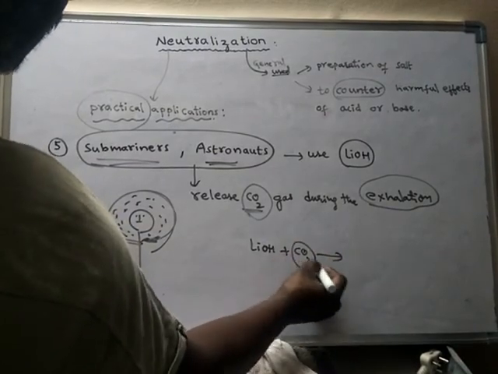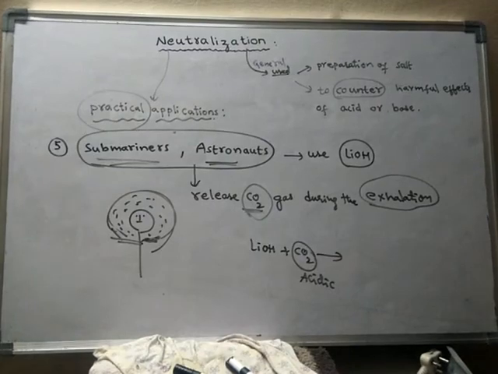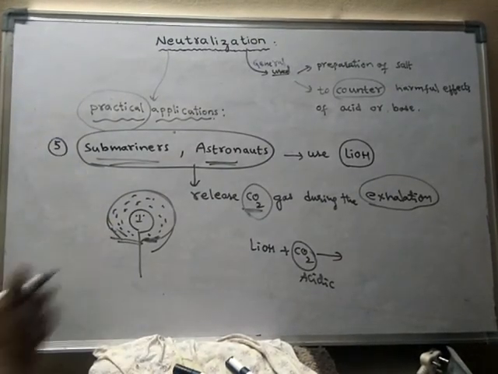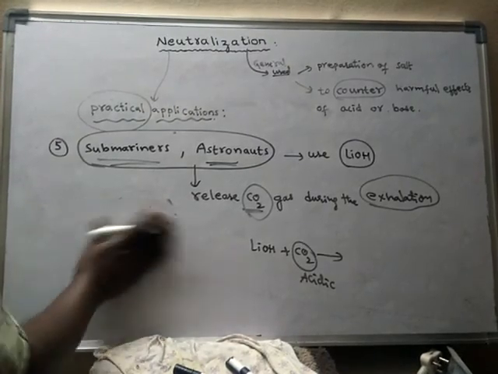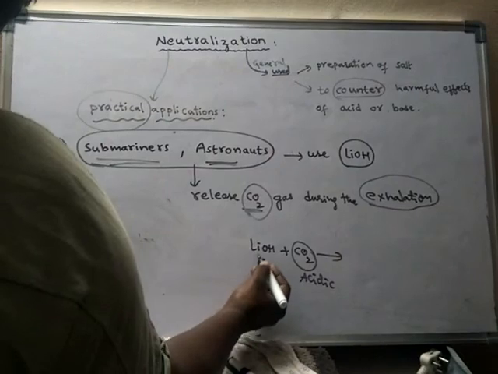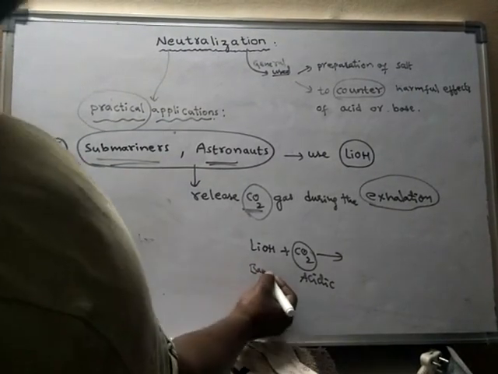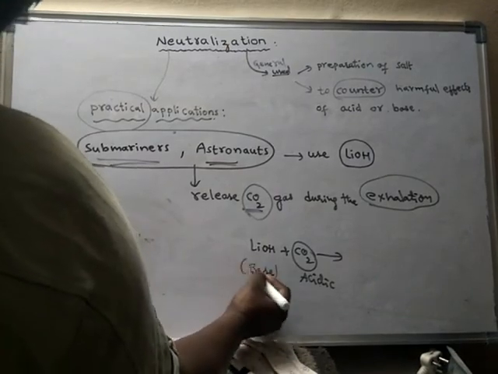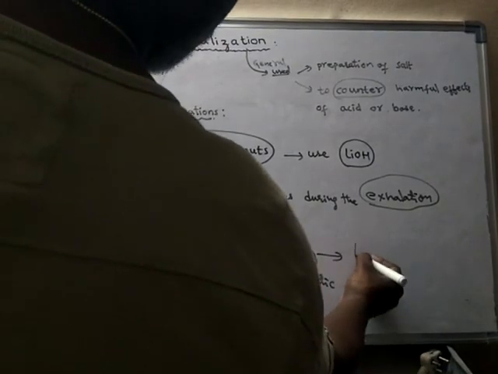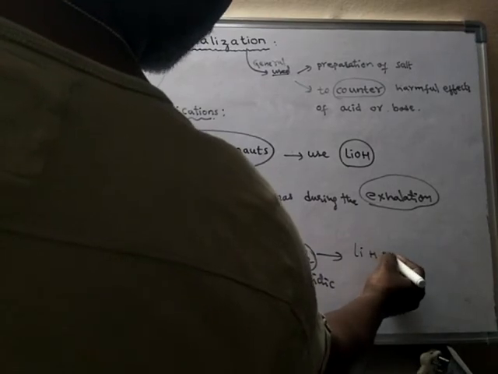Remember, carbon dioxide is somewhat acidic in nature. In order to neutralize the acidic carbon dioxide, these astronauts or submariners use a base like lithium hydroxide, to neutralize it and finally convert it into lithium bicarbonate.